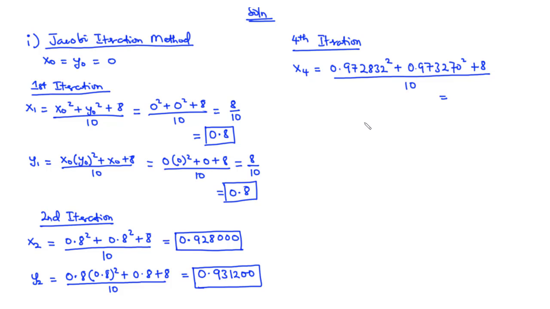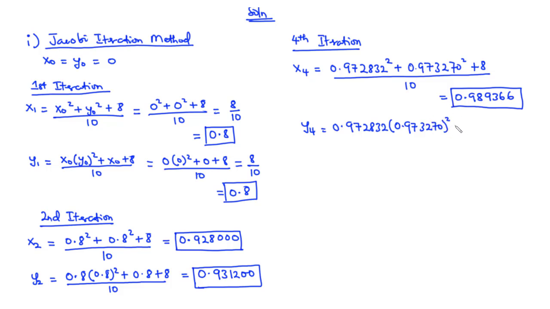When you compute this, we are going to have 0.989366. And then also for y4, we are going to have x3, which is 0.972832, times y3, which is 0.973270.